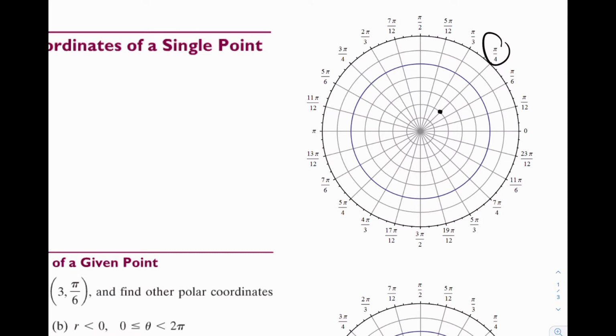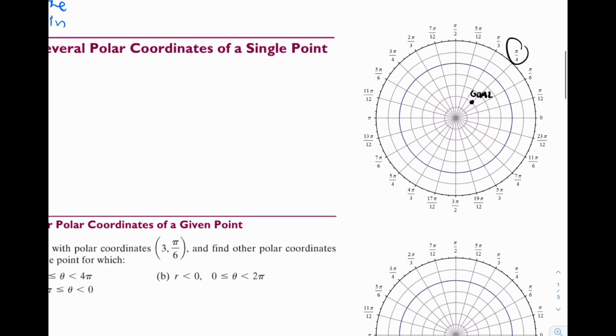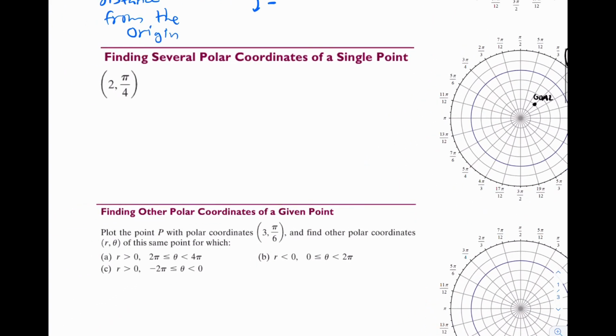Think of this point as our goal. We want to find other representations of it. For example, what if I did 2 and 9 pi over 4? Because 9 pi over 4 would mean you just add 2 pi, just rotate another time. That'd be the same point.